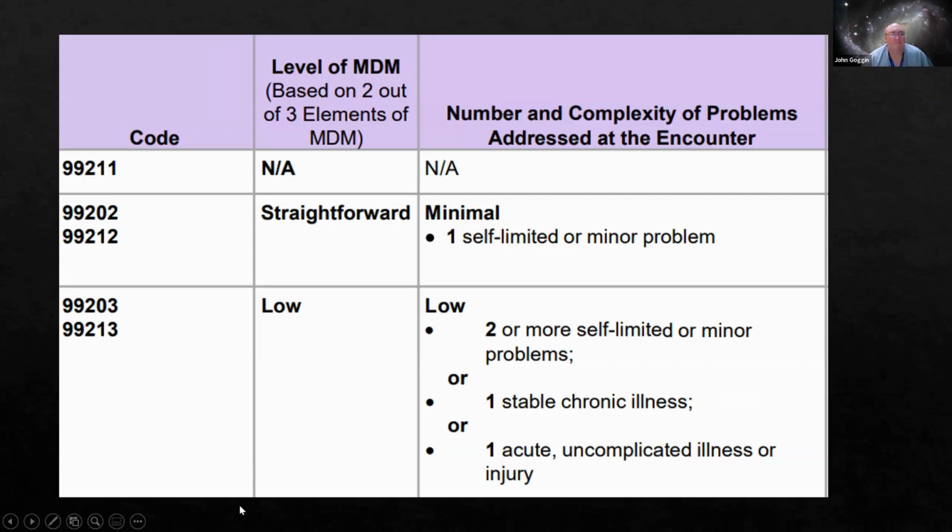So when we're determining the number and complexity of the problems, for a level 1 established patient visit, this is basically like a nurse visit like we talked about. You don't need to have anything wrong with you even. For a level 2 code, which again is where things usually kind of start, somebody with a self-limited or minor problem.